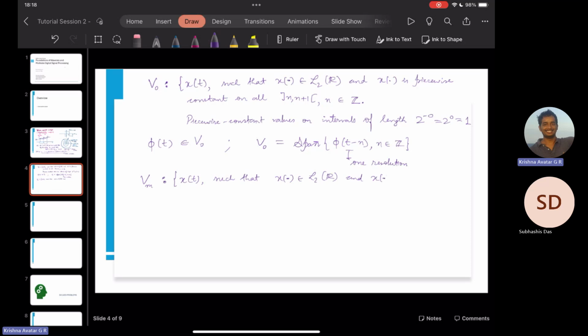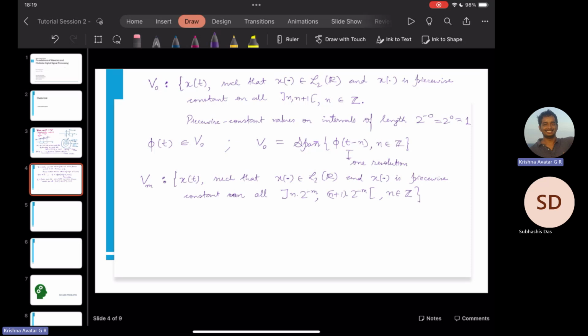and x is piecewise constant on all intervals n times 2 to the power minus m, comma, n plus 1 times 2 to the power minus m, where the endpoints are not included, and n belongs to the set of integers.